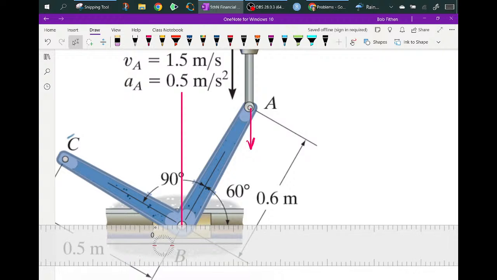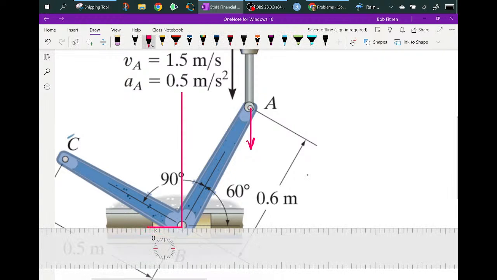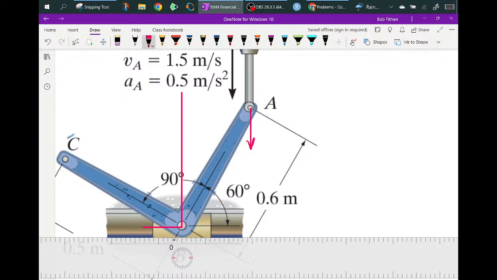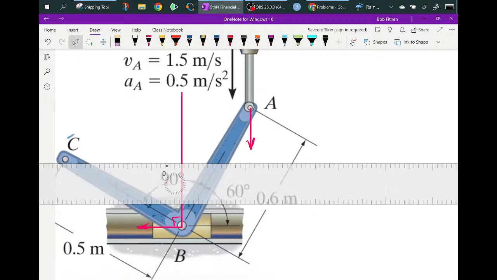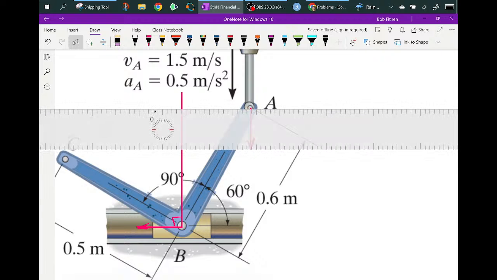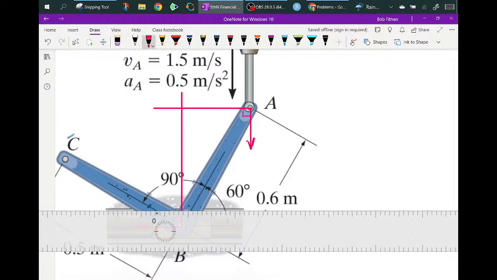We know the velocity here is going to go towards your left or right. Technically, it really doesn't matter. The point of intersection is just called the instant center.